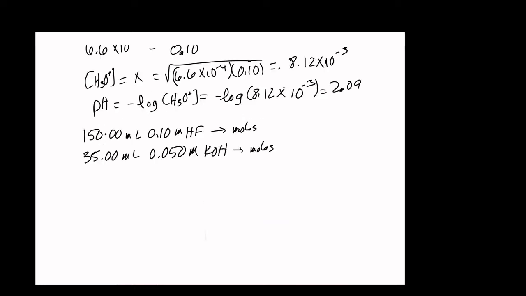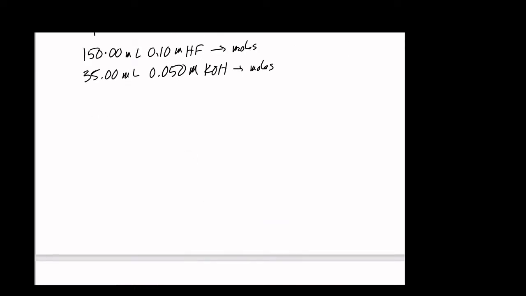So we need to calculate the number of moles of each of these species before we get started and find out how many moles reacted. Okay, so let's go ahead and do that. I've got 0.150 liters of HF solution, and I've got 0.10 moles per liter, and that's equal to 0.015 moles of HF. Okay, let's calculate the moles of KOH.